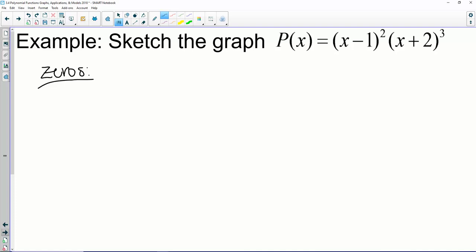It's already factored. What makes x minus 1 0? The squared means, okay, and what about x plus 2? When I look at the 1, my multiplicity is even, so what will happen on my graph? When I look at -2, my multiplicity is odd, so this one will go through.